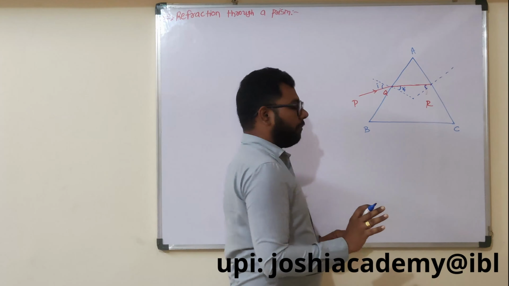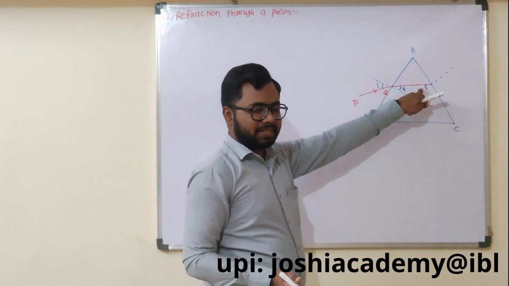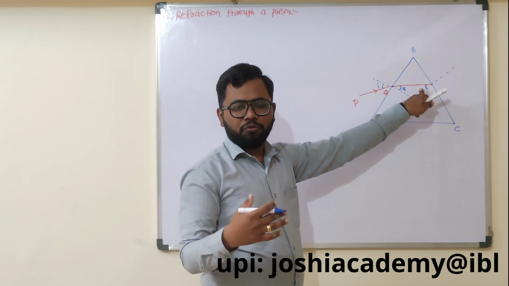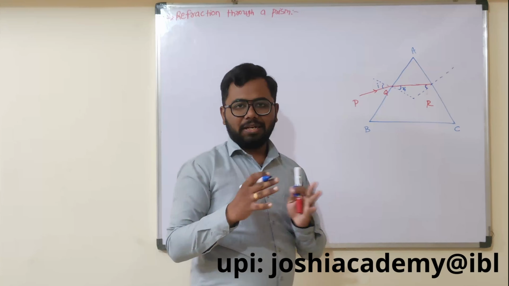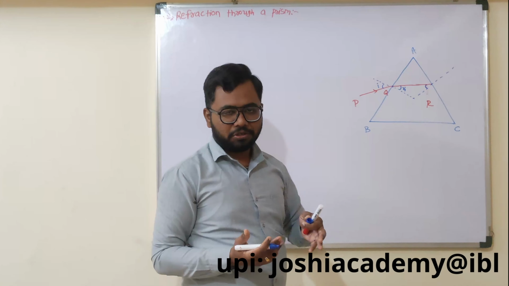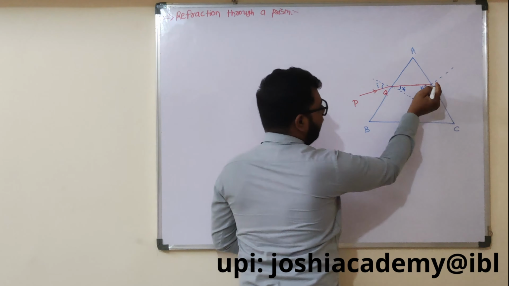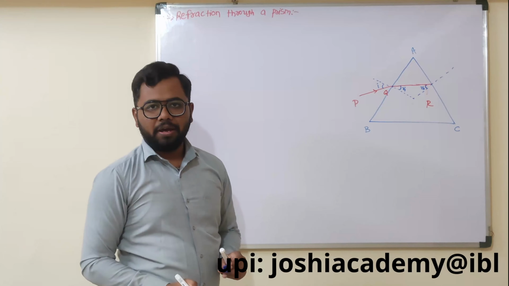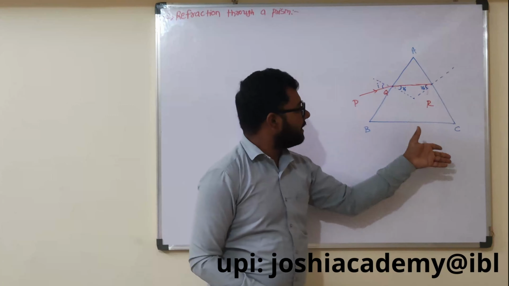Now, for the sake of simplicity, I am going to consider this angle of incidence as R2. Now you might be wondering why R2 instead of I1 and I2. That will be clarified after the completion of the topic. But this is the angle R2. It is nothing but the angle of incidence for the side AC.